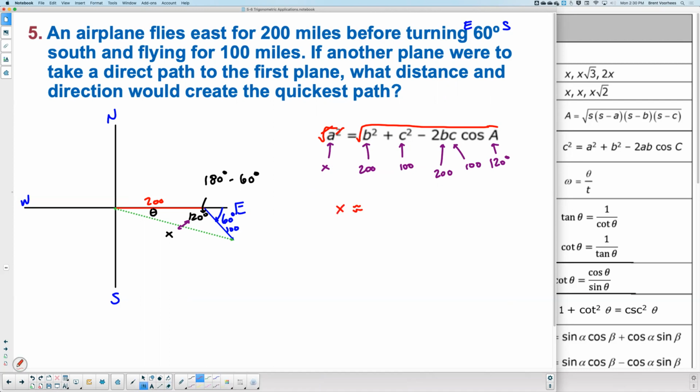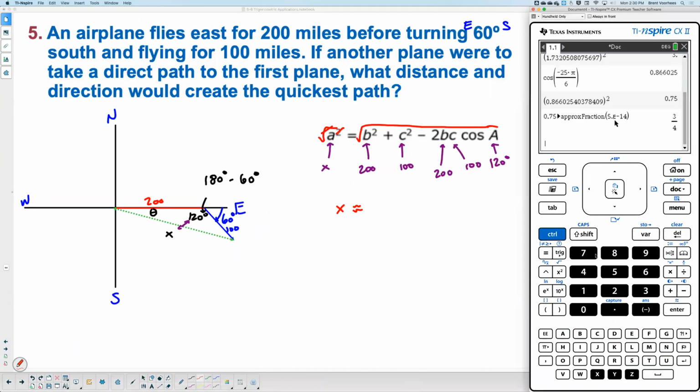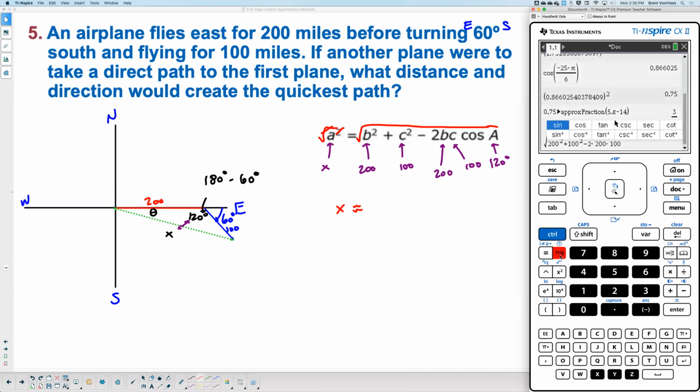So let's type those in and see what we get. Square root of 200 squared plus 100 squared minus 2 times 200 times 100 times cosine of 120 degrees.